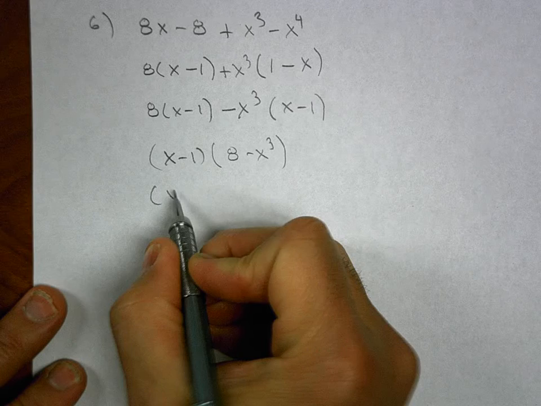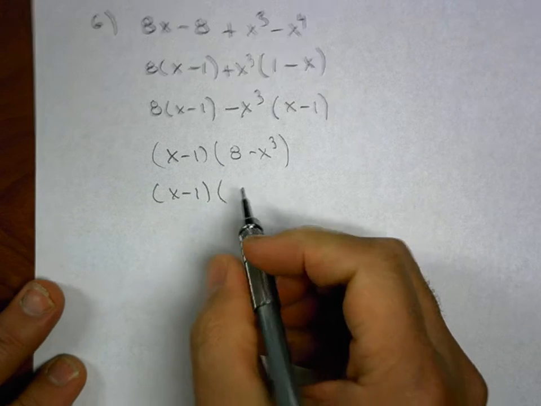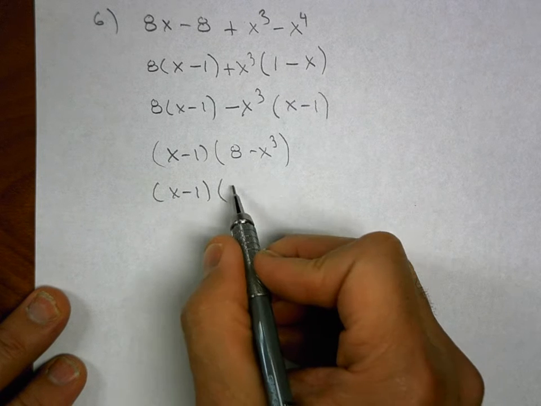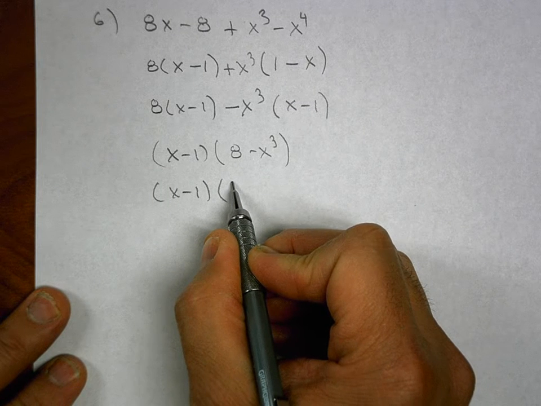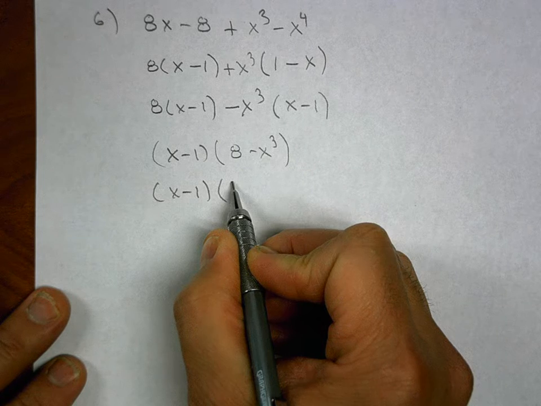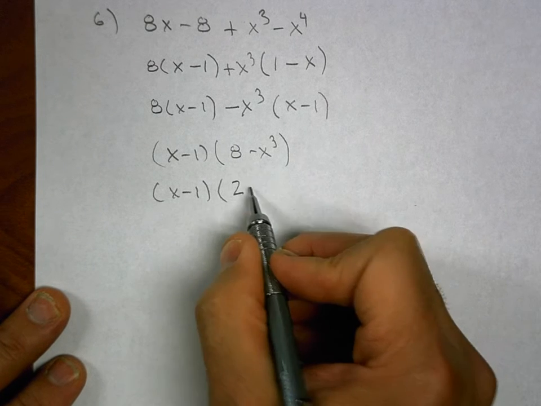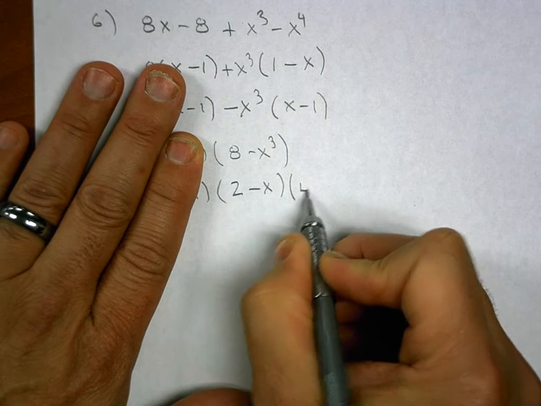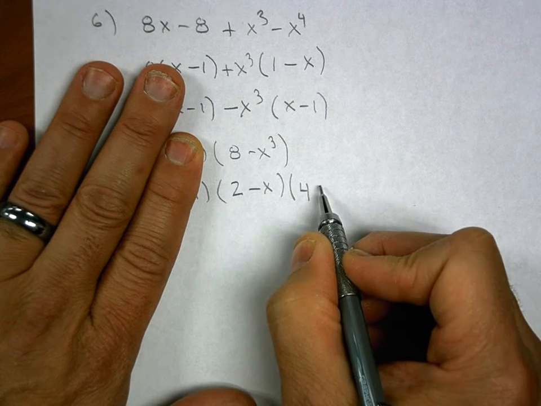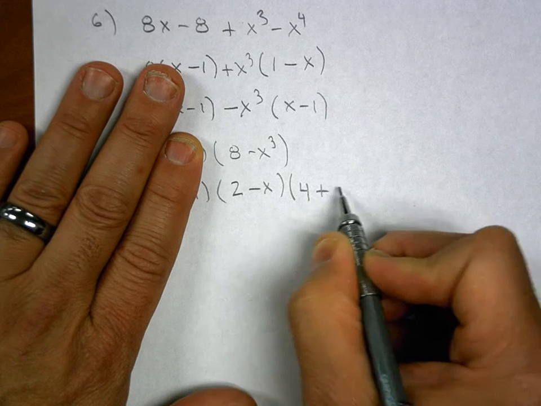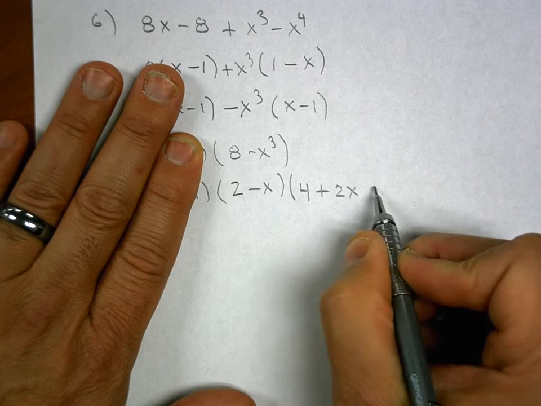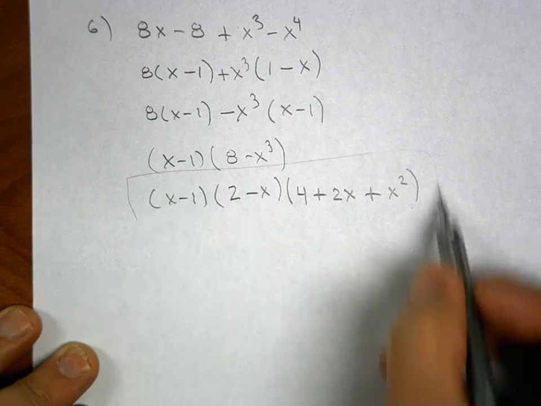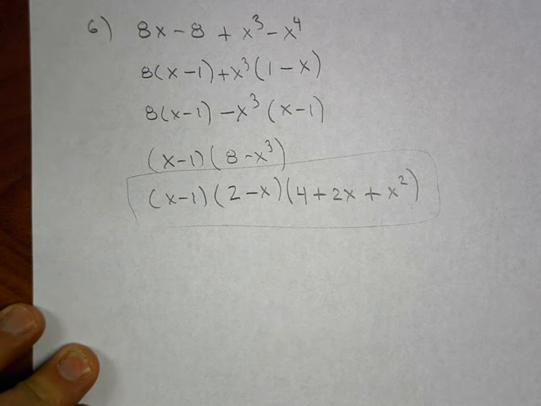So x minus 1 times, do we remember how to do soap factoring? So the cube root of 8 is 2. So 2 minus x times 4, this squared, same, opposite, always positive, plus this times this, 2 times x, always positive, x squared. There we go, and it's factored.